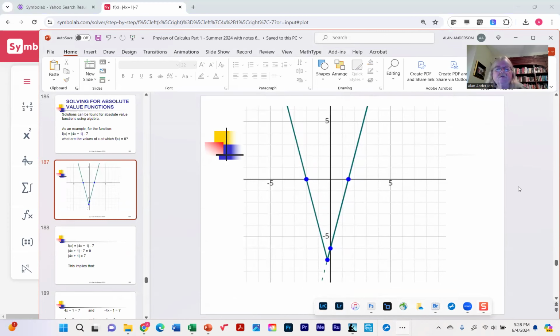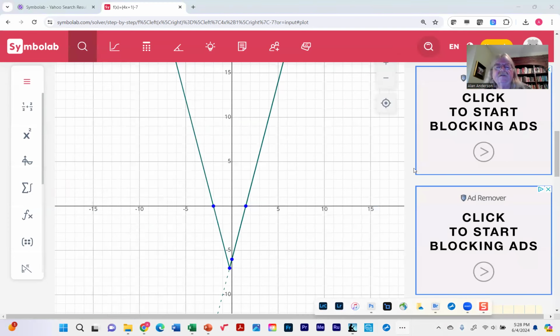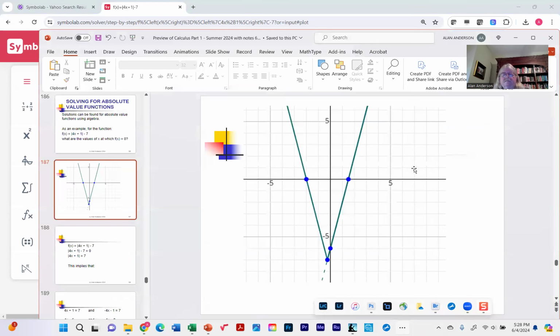And so, as they showed you, when you hover over it in the actual graph, -2, 0 is over here. We have 0. So in other words, what this is saying, and by the way, the function is absolute 4x plus 1 minus 7.